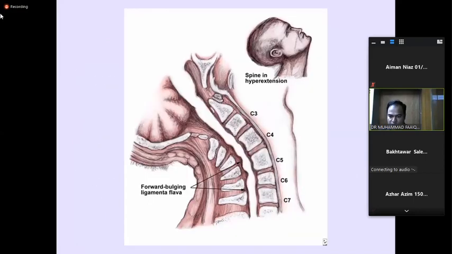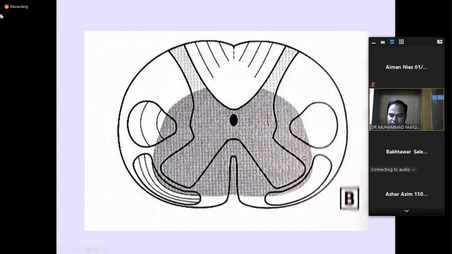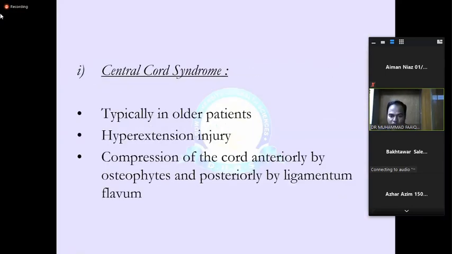Central cord syndrome is when the central region of the spinal cord is affected, and because of the topographic alignment of the cervical, thoracic, and lumbar segments, the cervical region is affected more than the lumbar level. So the hallmark feature of central cord syndrome is that upper limbs are affected more than the lower limbs.